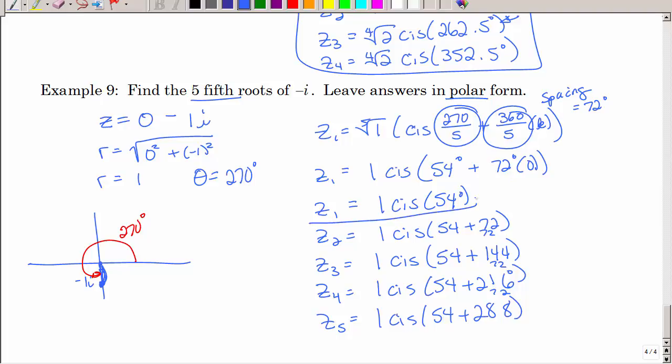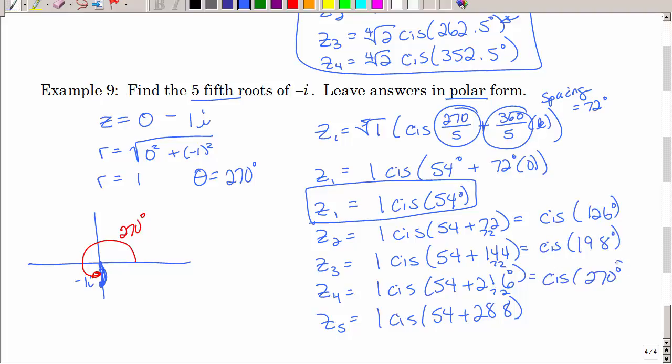So again, here's our first one. Our second one's going to be, and you don't have to write the 1, it's going to be cis of 126 degrees. Cis of 198 degrees. Cis of 270 degrees. And then our last one, I believe, is 342 degrees.